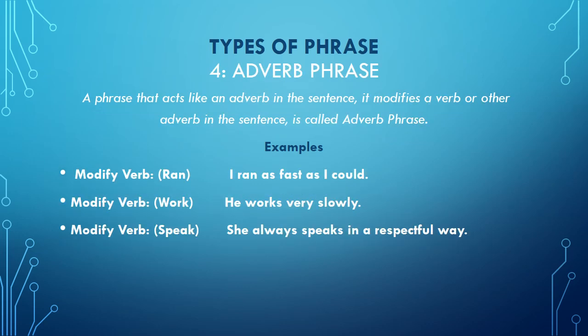Students, the fourth type of phrase is the adverb phrase or adverbial phrase. It is defined as a phrase that acts like an adverb in the sentence.